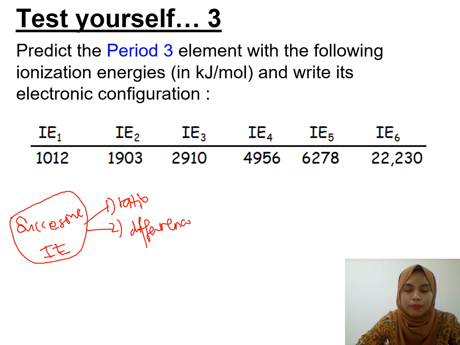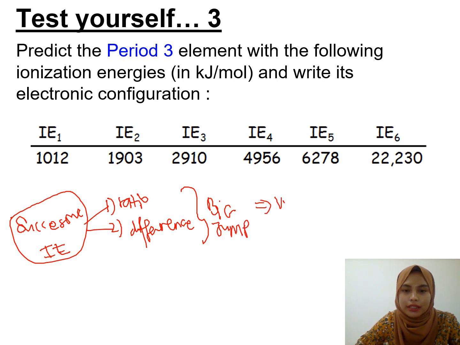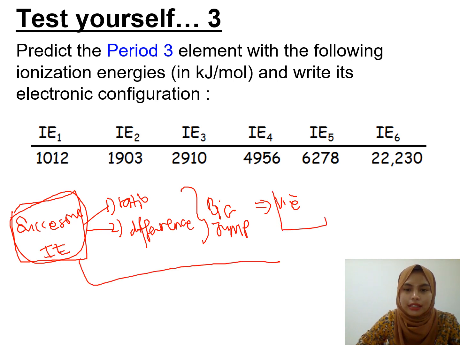Once you dah dapat big jump, you boleh detect dia punya valence electrons of your elements. Okay, kiranya melalui successive ionization energy and with the right methods, you can find the valence electron untuk sesebuah elemen atau atom tersebut.